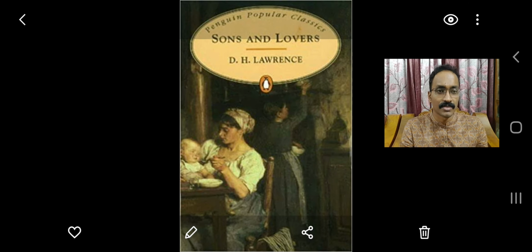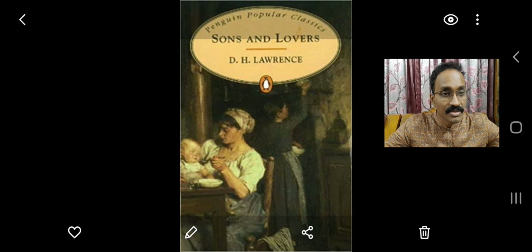Of course, there is social background, psychological background, economic background, and at the same time, the real character or the autobiography of the writer has been reflected here, and therefore we see that there is no good relationship among the male and female characters in this novel. So there is a conflict. Here we have to discuss this conflict, and the question is, what is Lawrence's idea about men and women conflict in Sons and Lovers?